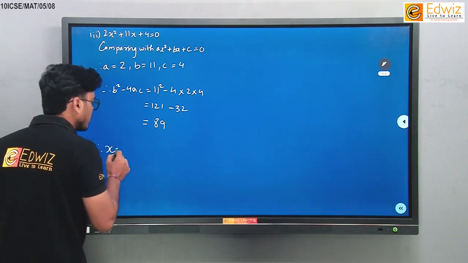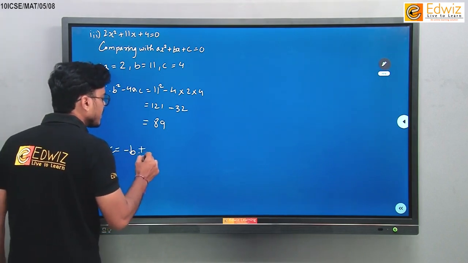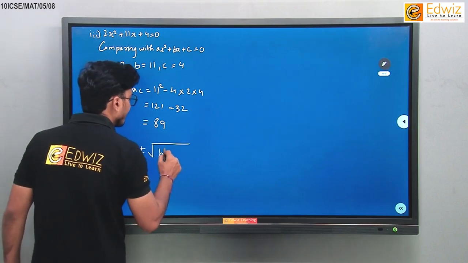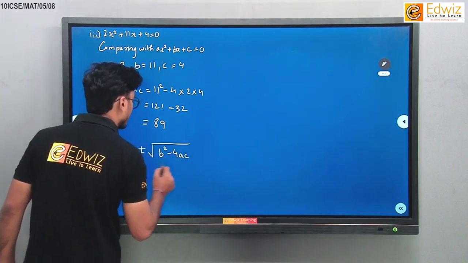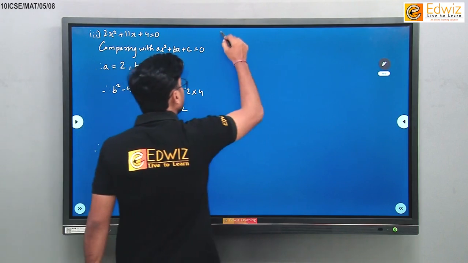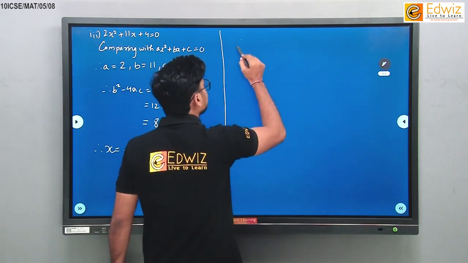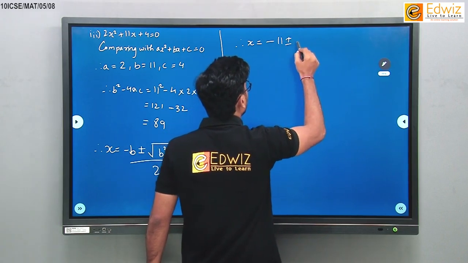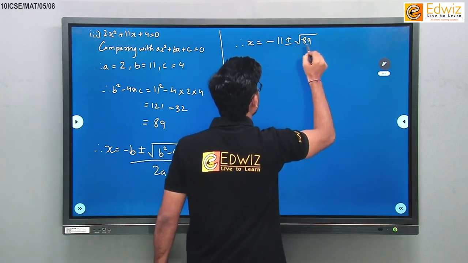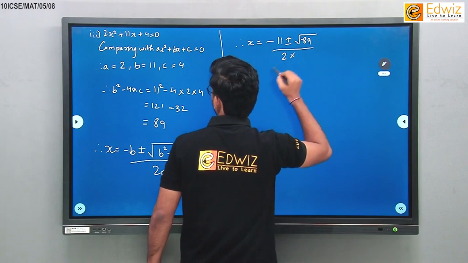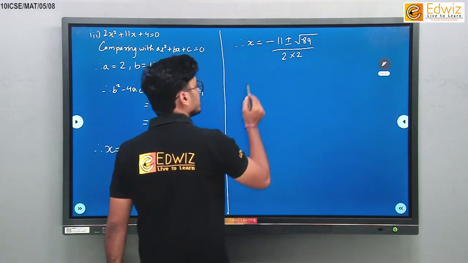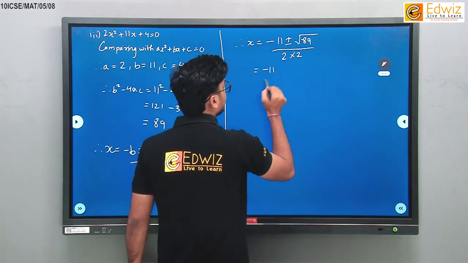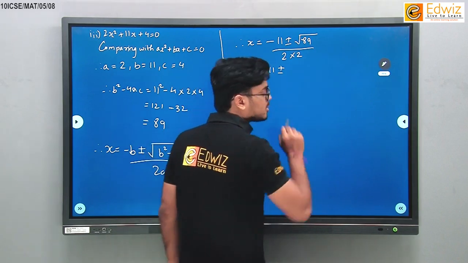First, let us write the formula for x: minus b plus or minus square root of b square minus 4ac upon 2a. Substitute the values of a, b and c. x will be minus 11 plus or minus square root of 89 divided by 2 times 2. What is root 89?